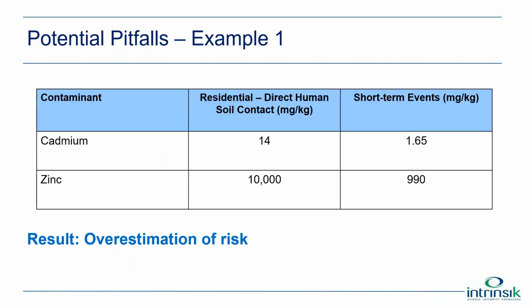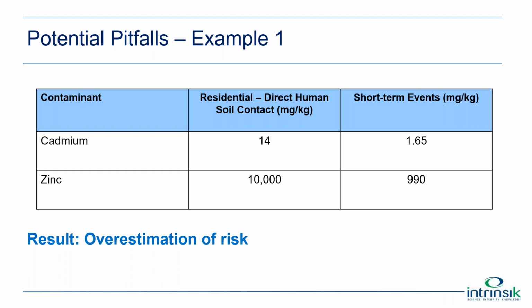If I run the math on this and compare to my soil quality guidelines from Alberta, which are based on chronic ongoing exposure, the residential guideline for direct human soil contact for cadmium is 14 milligrams per kilogram. But if I run that same short-term event based on that TRV in a pica event, my soil quality guideline is actually lower, 1.65 milligrams per kilogram.